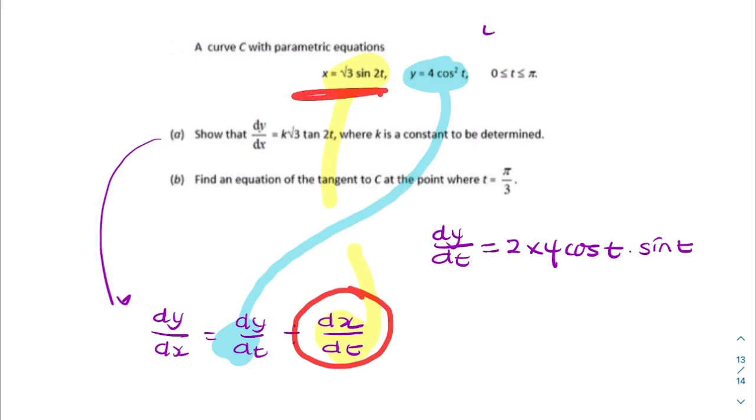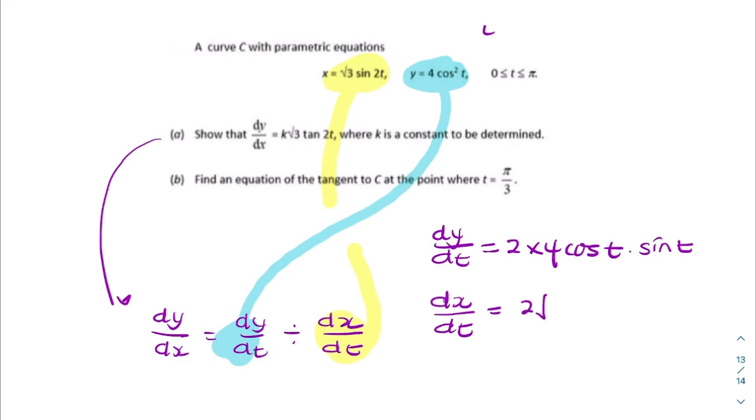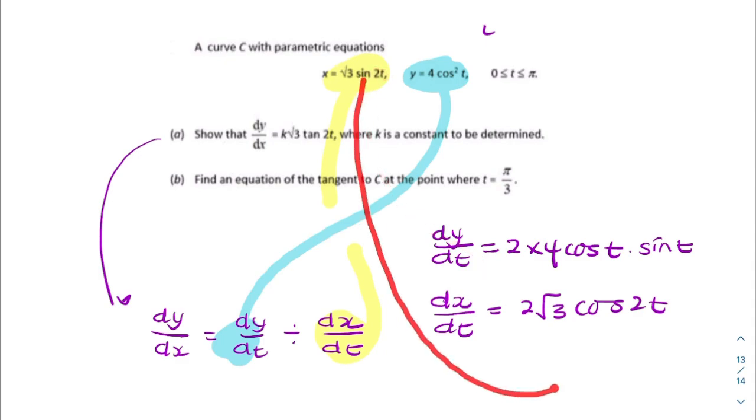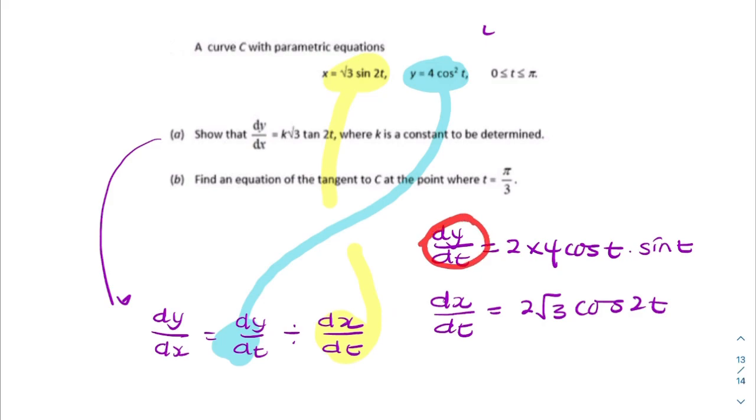dx by dt is the derivative of that, and that's slightly easier. So dx by dt is simply 2 square root of 3 cosine 2t. So the derivative of 2t is 2, and the derivative of sine is cosine. Now you simply divide this by that.